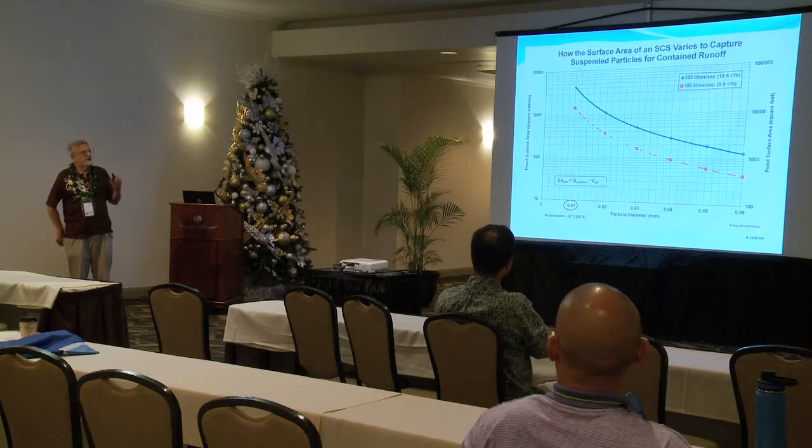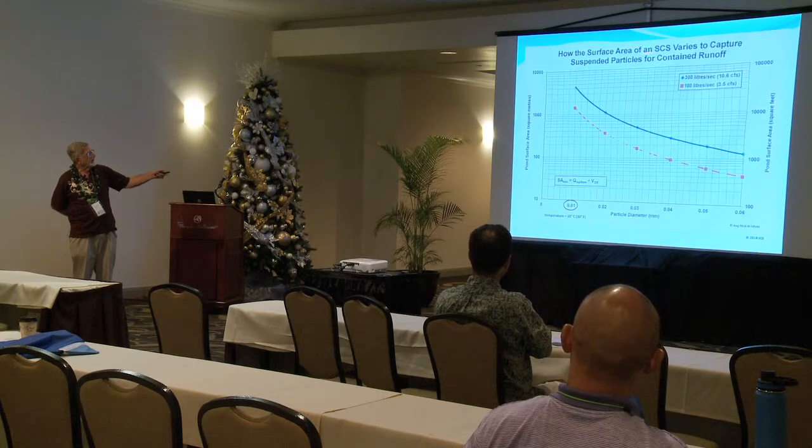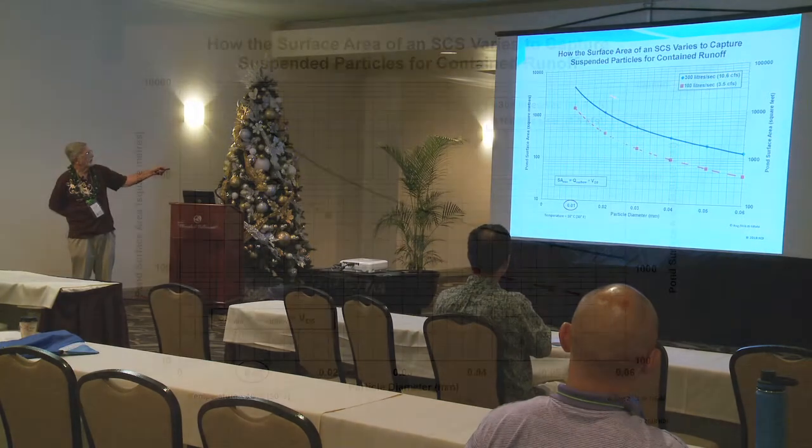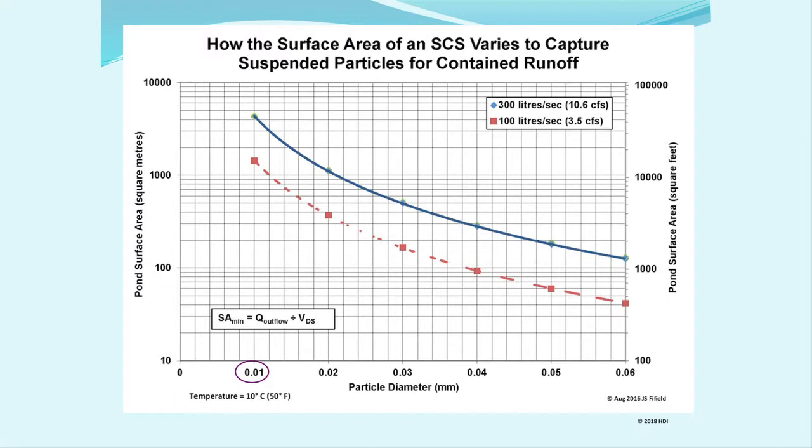But I started saying, let's take a look. Here I have, and you notice we got metric and imperial units in here, 10.6 cubic feet per second coming down into here. And the bottom one is 3.5 coming in there, based upon this equation where the surface area is equal to the discharge going out of the system.